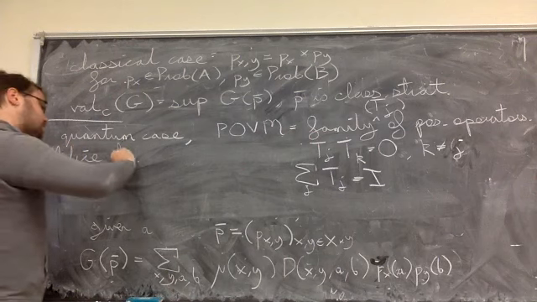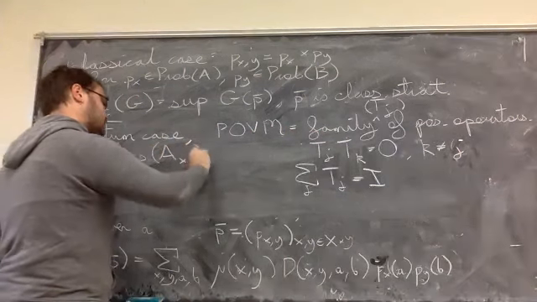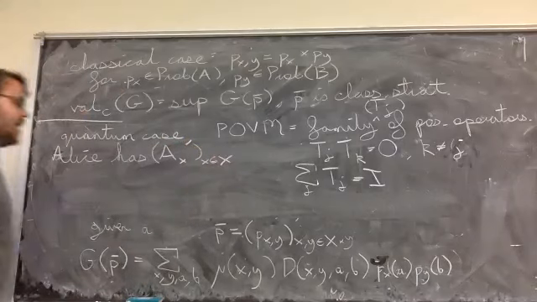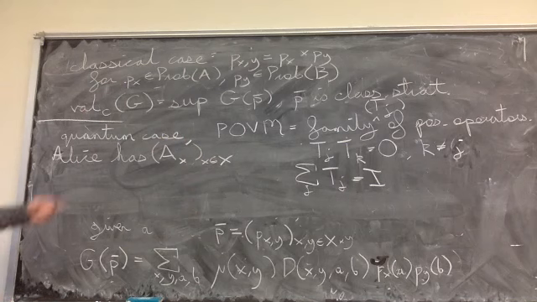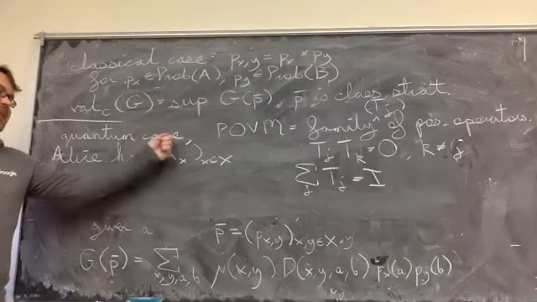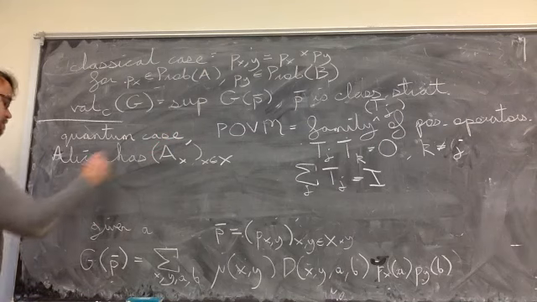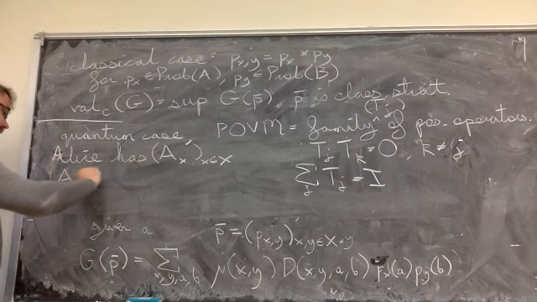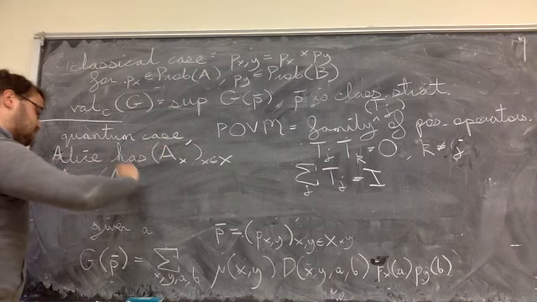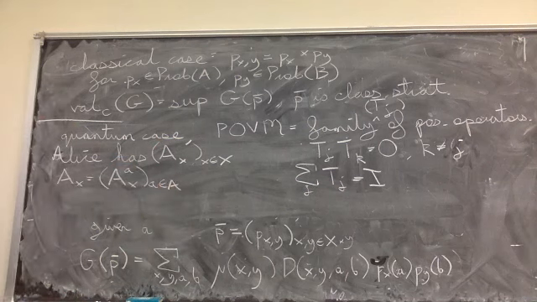So what we're going to do is say that Alice has A_x for x in X. And each one of these objects, A_x, is a POVM, just like how P_x is a probability measure. So this is a family of several operators, and the operators are going to be indexed by the questions. A_x is a POVM indexed by the answers.